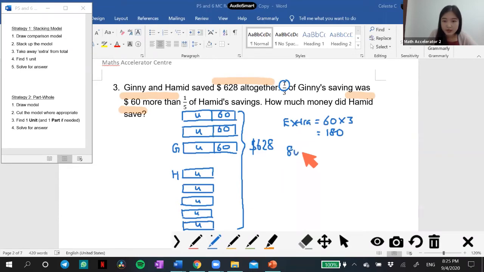So to get 8 units, take your total, 628, minus away 180. What do you have here? 448. With this, you can find 1 unit, and then you can find how much Hamid has.